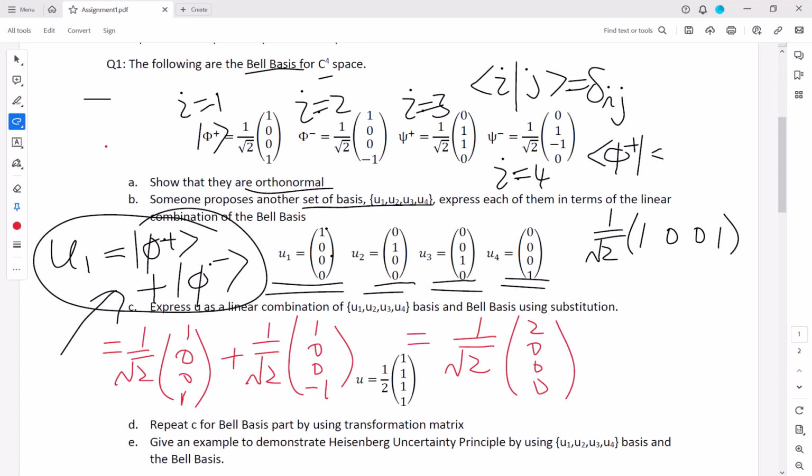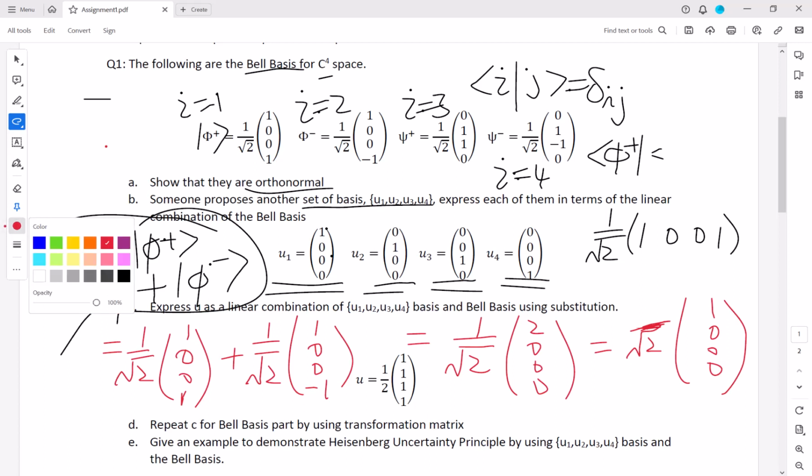Are you okay with this, everyone? But for this, are you okay? But I want to get, like what he said, this is root 2 times 1, 0, 0, 0, right? Correct? You take the 2 out. 2 divided by root 2 becomes root 2. So I don't want to get this, so what should I do in the linear combination?